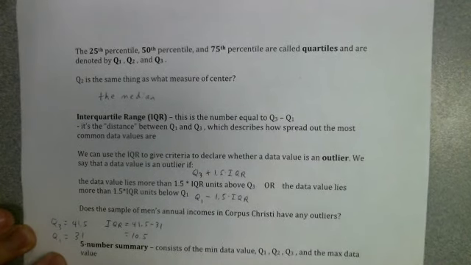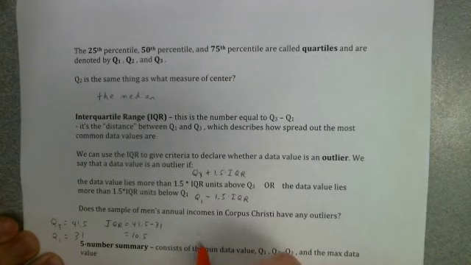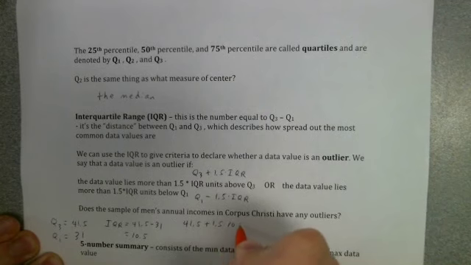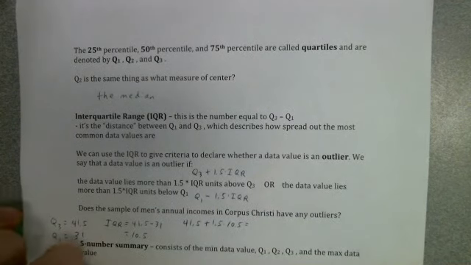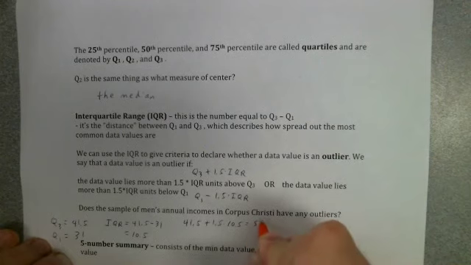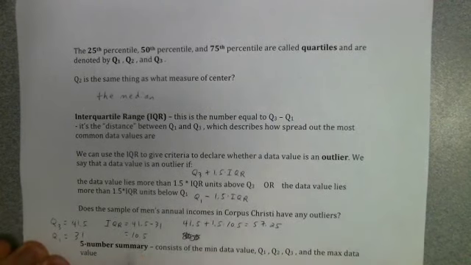Now we're supposed to do Q3 plus 1.5 times the IQR. So we do 41.5 plus 1.5 times 10.5. Crunch that number, and you get 57.25. We're also supposed to do Q1 minus 1.5 times the IQR.